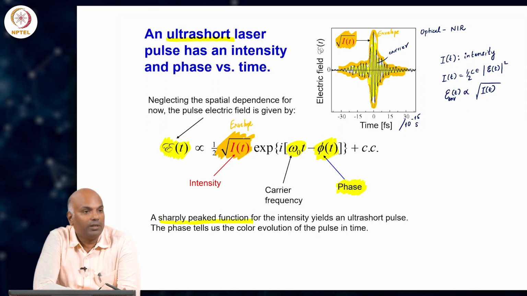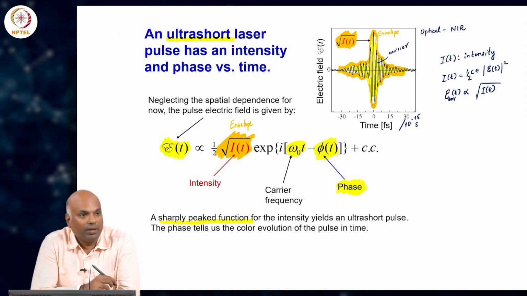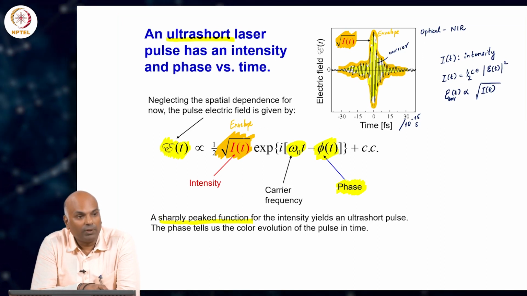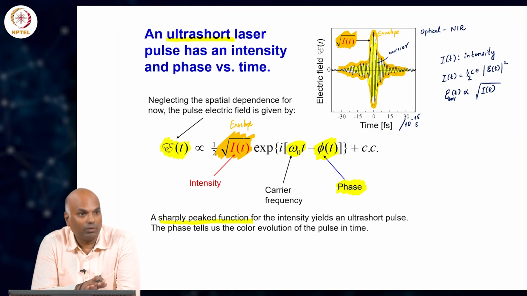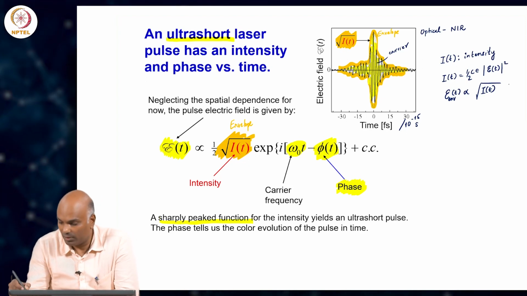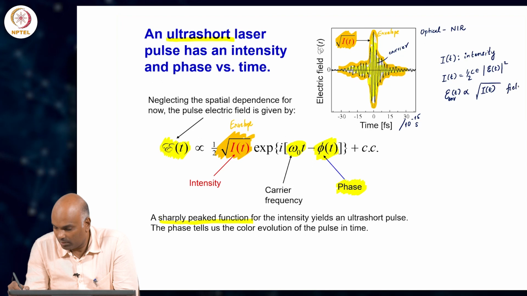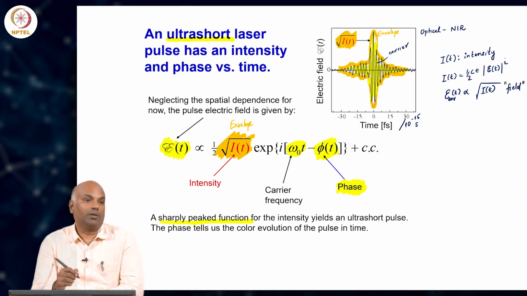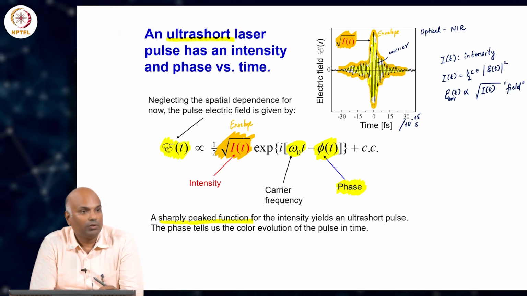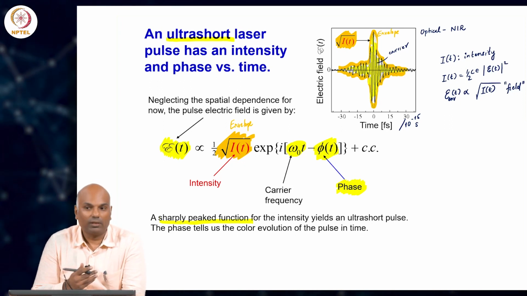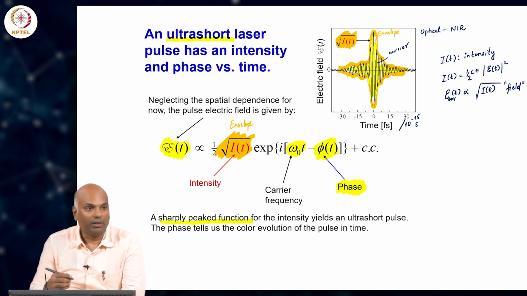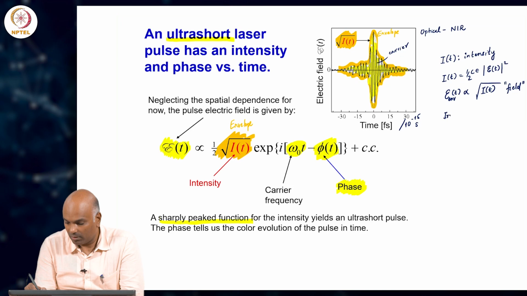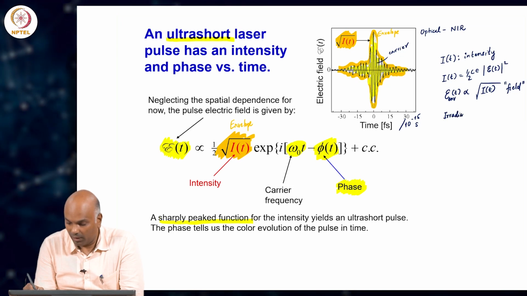That is why we have written it this way. We have not even bothered to use a separate symbol for the envelope function of the electric field, not the intensity. So, this is field, whereas this is the intensity of the field. So, the intensity of the field is always related to the absolute value square of the field. We encountered earlier the term irradiance. We again use the symbol I for it.